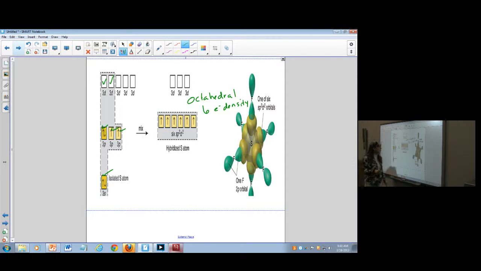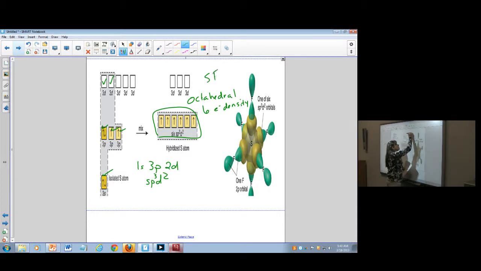So when I get these 6 areas of density, I'm going to have 1 s, 3 p's, and 2 d's to give me sp3d2. That's my atomic hybrid orbital for octahedral things. In this case, we've got SF6, which they've demonstrated for you here.